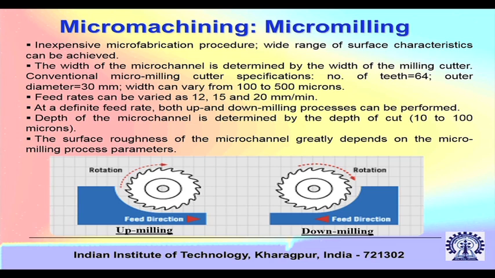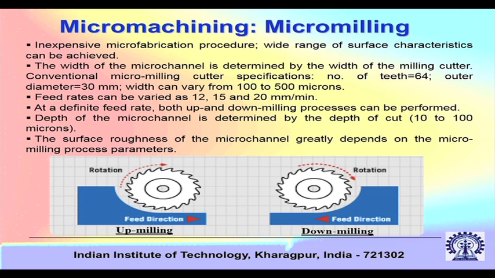The width of the micro channel is determined by the width of the milling cutter. So if you have a small width milling cutter, and these are available, you can make small width micro channels. Conventional micro milling cutter specifications, typical to what we have used in our lab, so do not generalize it: number of teeth 64, outer diameter 30 millimeter, width can vary from 100 to 500 microns.